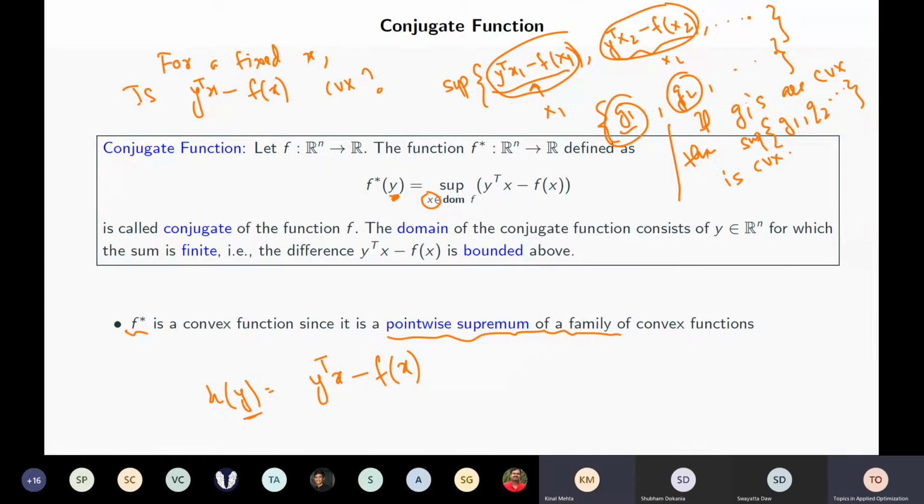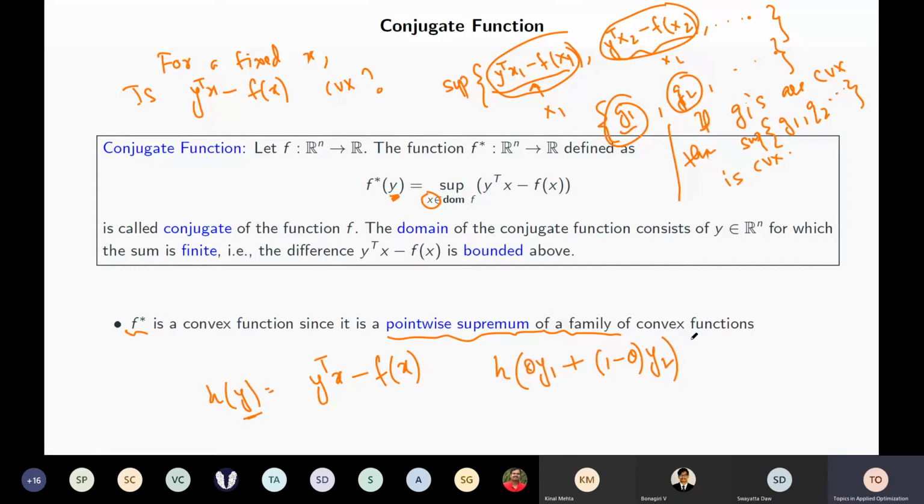When did you say a function is convex? h of lambda1 y1 plus lambda2 y2 should be less than or equal to lambda1 h of y1 plus lambda2 h of y2. In our usual notation, we write h of theta y1 plus 1 minus theta y2.